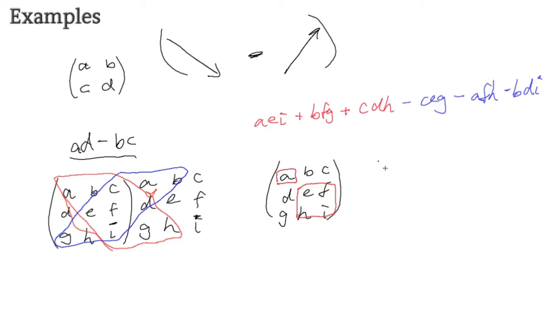I will take A multiplied by the determinant, denoted by DET, of the matrix E, F, H, I. So I've got this first term, then let's go blue. Then we take away, this takeaway is important, by the way. Similarly B, except this time it's D, G and F, I.